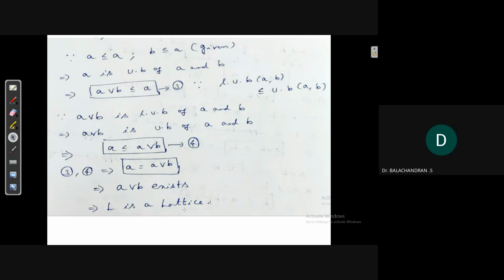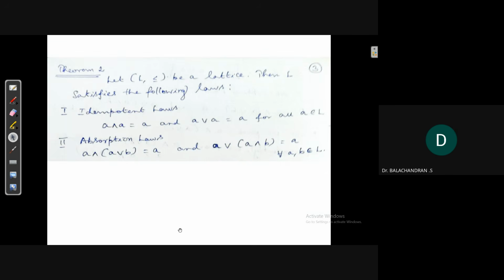Actually, the proof is more or less similar in all the lines. So once you understand the idea, you can easily write the proof. Next, the second theorem.